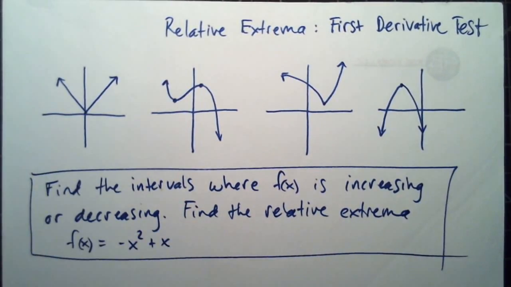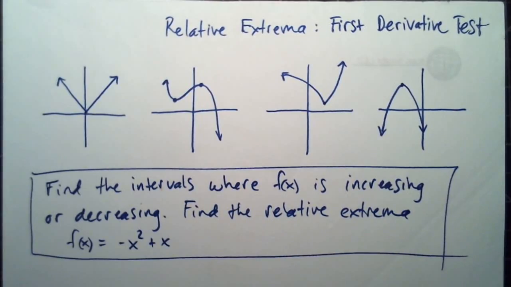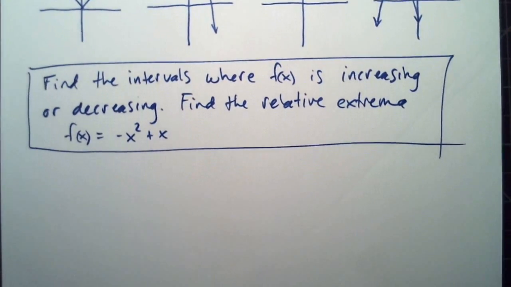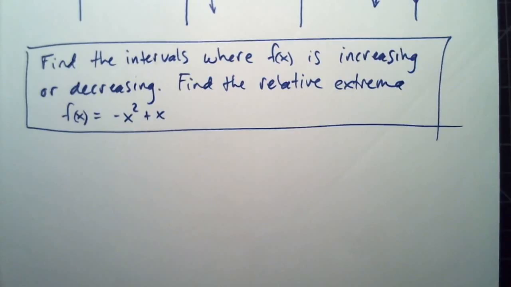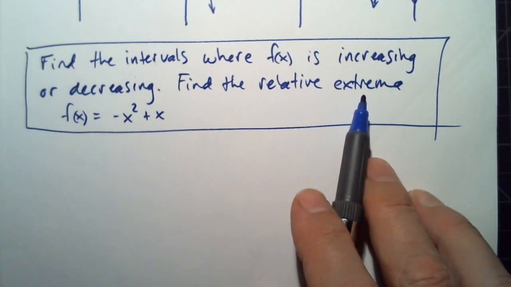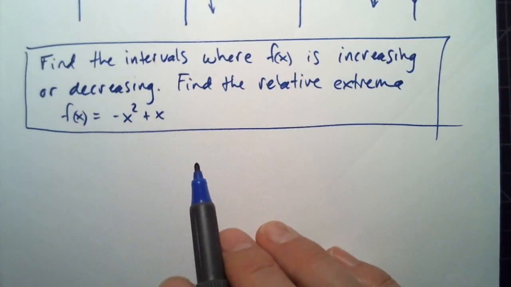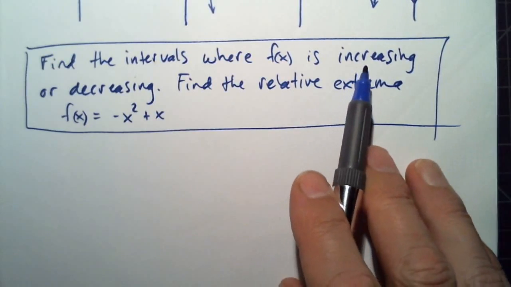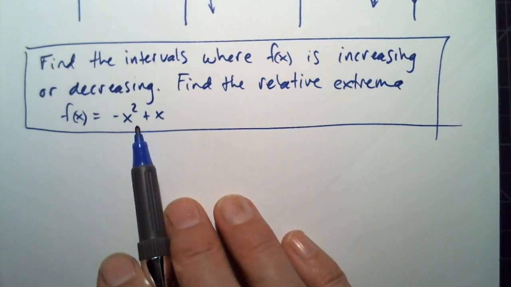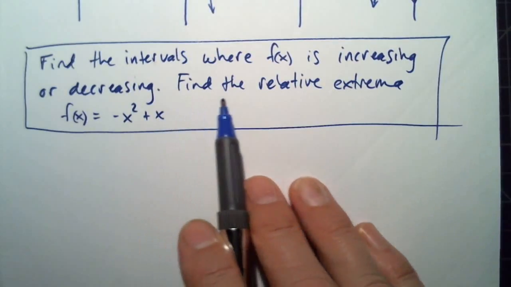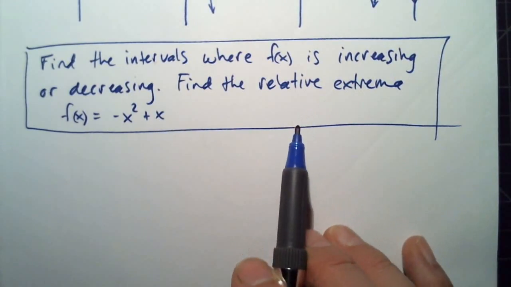Well, I guess we are going to find the relative extrema, but we're also going to talk about increase and decrease, because it's important that we know this vocabulary. There are questions they don't ask you about extrema, but they just talk about increasing and decreasing. If a question asks you to find the intervals of increase and decrease, we have all the same steps as if we were finding the relative extrema.